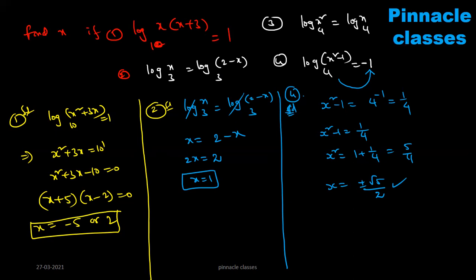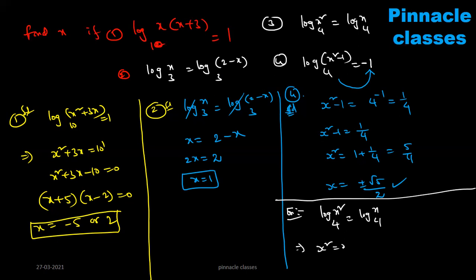Yes, sir. Okay, what about example 3? That is a different model. Tell me. Logarithm of x square to the base 4 is equal to log x to the base 4. So here also bases are same, so logarithm cancels, x square is equal to x.